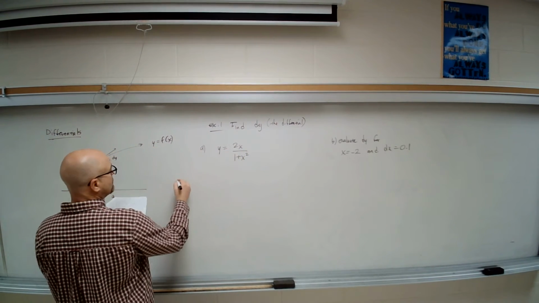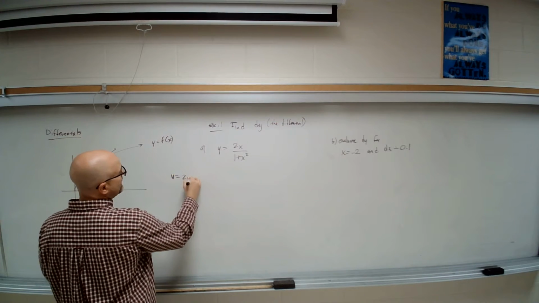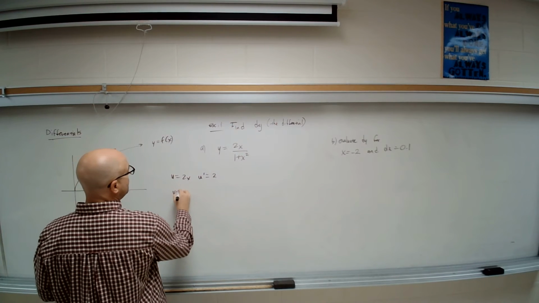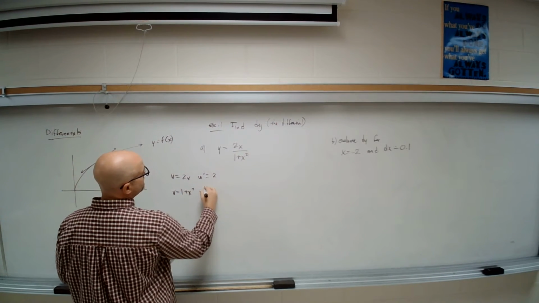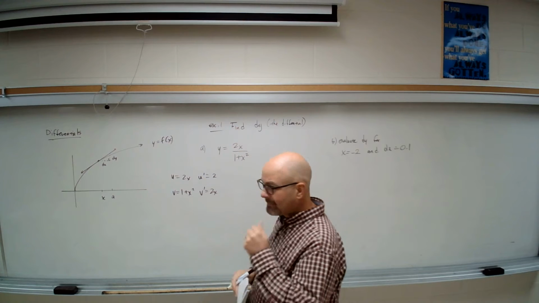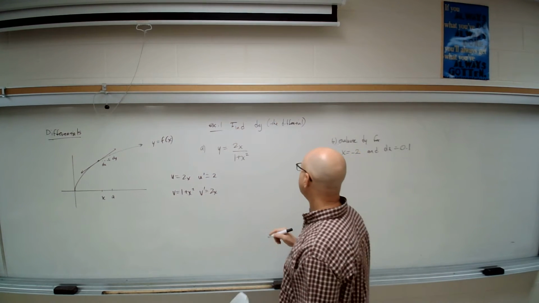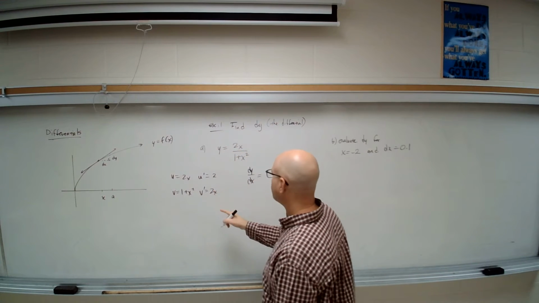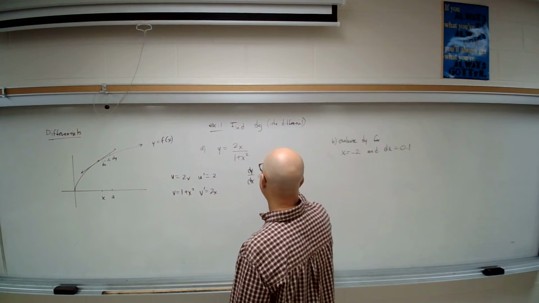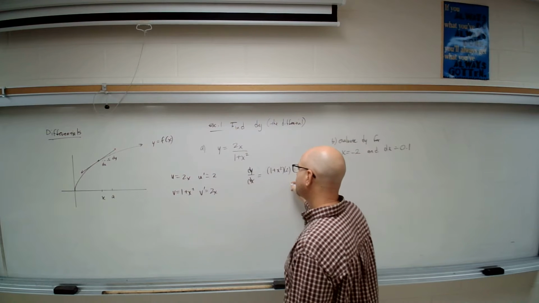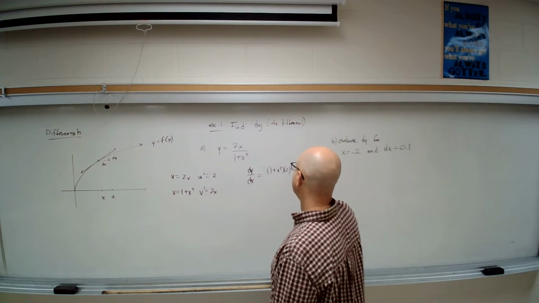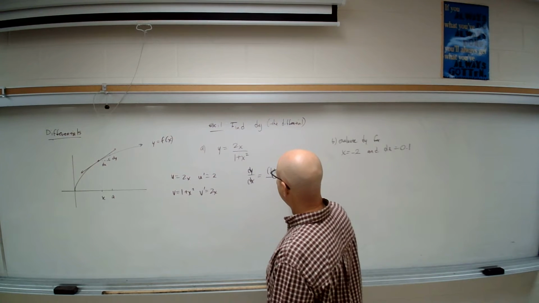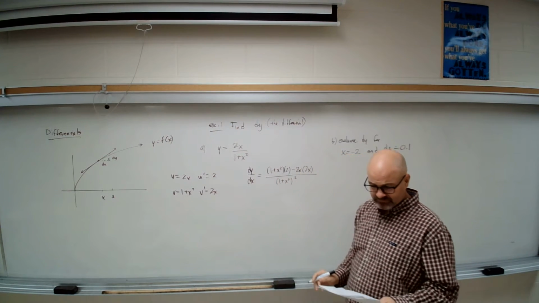For this one, u would be 2x, u prime is 2, v is 1 plus x squared, v prime is 2x. So to find our derivative, we get dy over dx equals 1 plus x squared times 2, minus 2x times 2x, over 1 plus x squared squared.